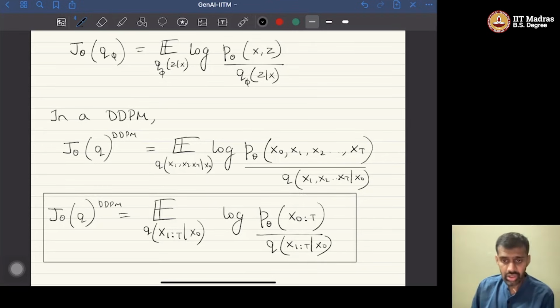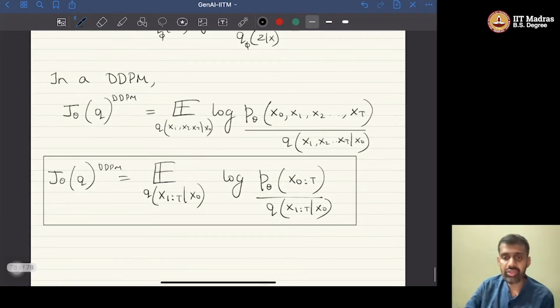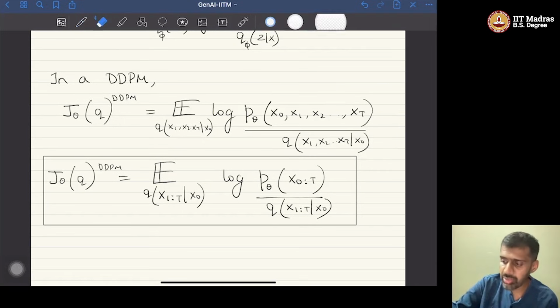Now what we should do is use this definition of the evidence lower bound for DDPM and find a way to get these parameters theta of the model, the way we have defined the model. That is what we are going to do next with a bit of algebra.